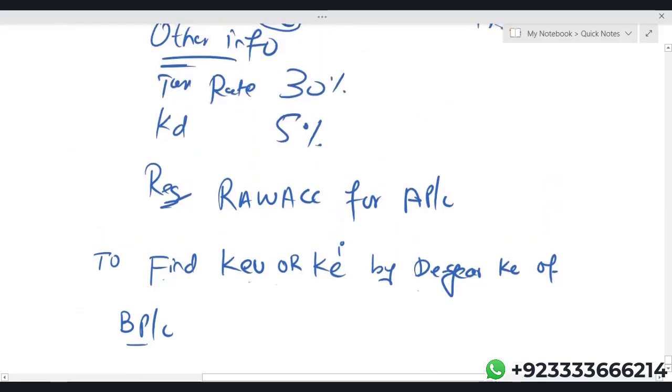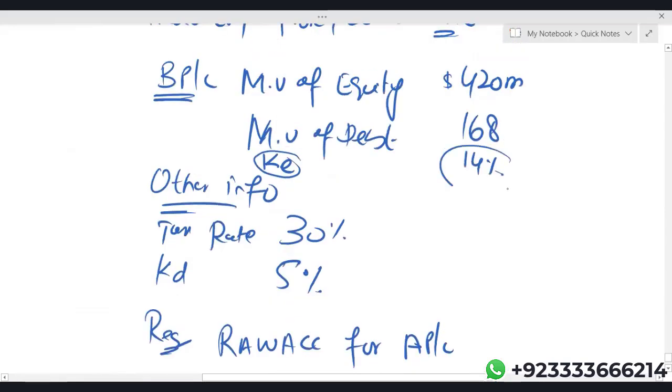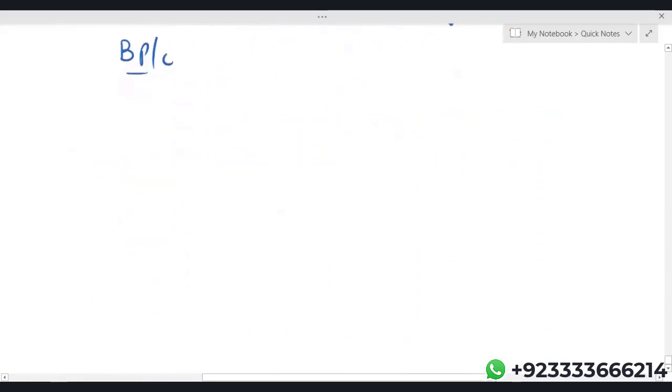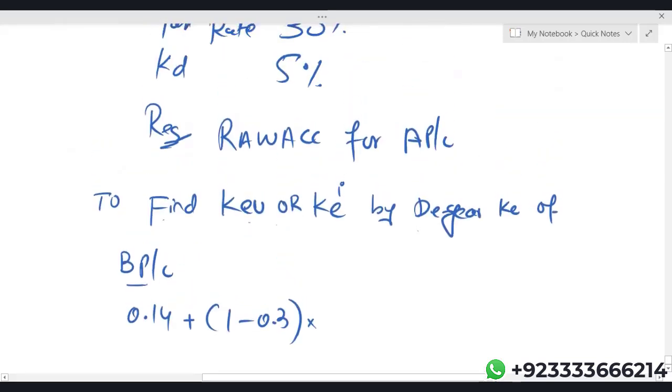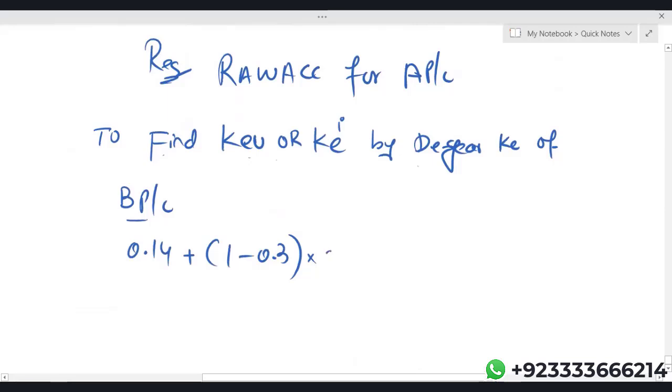First, we'll take 14%, that is 0.14, times (1 minus tax rate) into KD, which is 5%, that is 0.05.